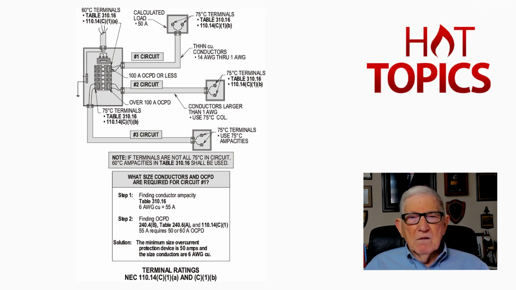And I think now maybe this will satisfy the need of you folks out there that want a little bit more information. And so that's what this video is illustrating to you, is how we would connect conductors to terminals based upon terminal ratings and loads of 100 amps or less, or over 100 amps.